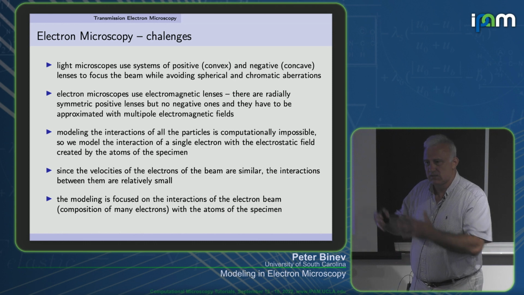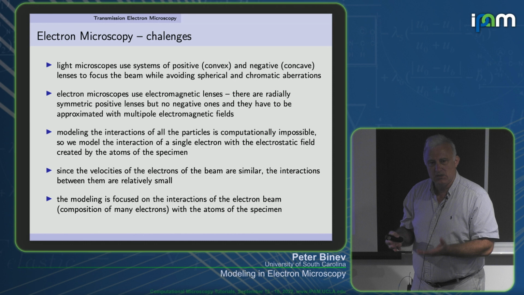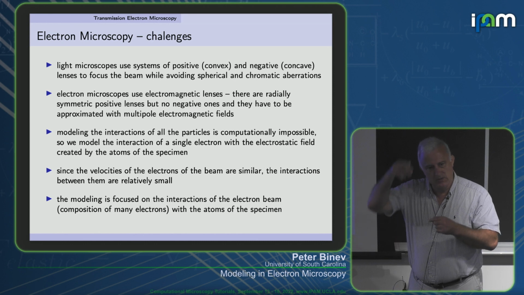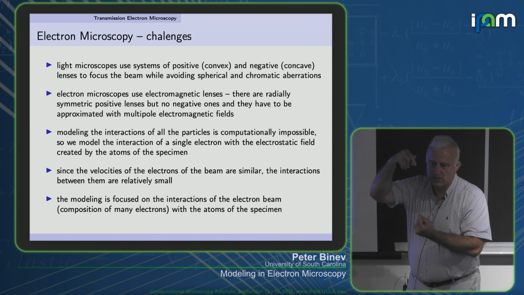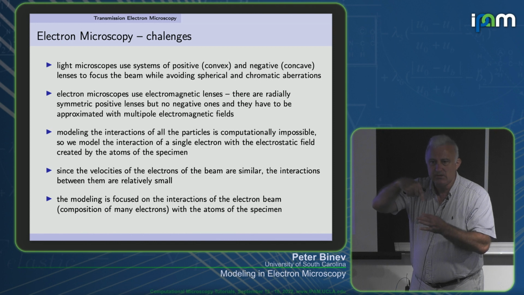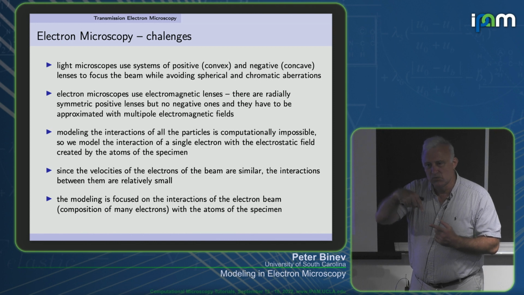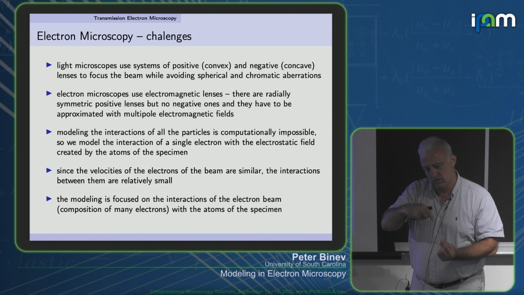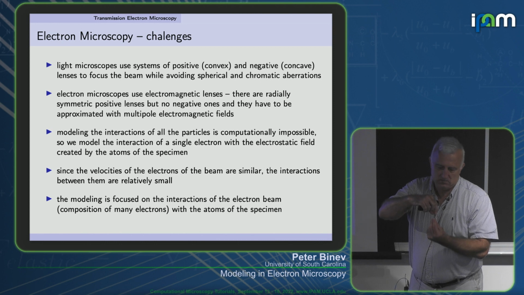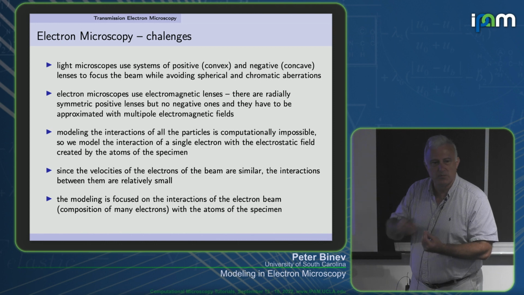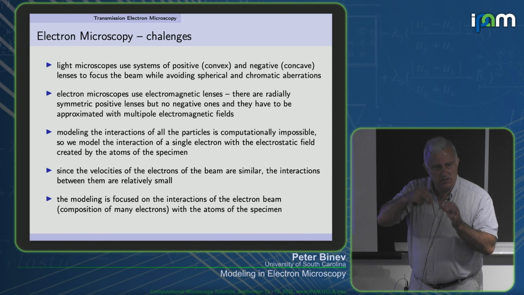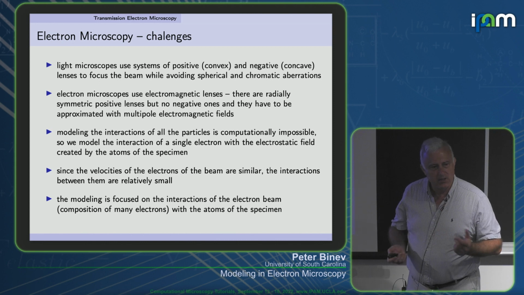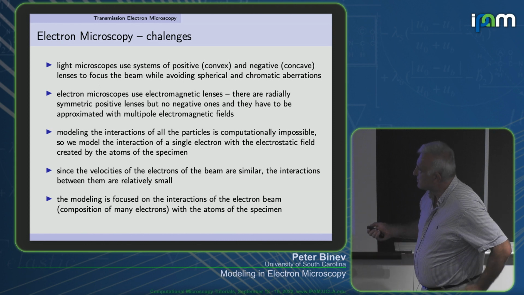There are two things. One is the spherical aberration, which means that if the beam is going a little bit out of the center, then it would divert. It will go a little bit away from the center. It will not be aligned the same way as the others. That is the spherical aberration.